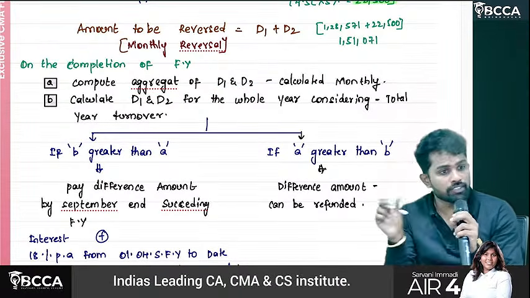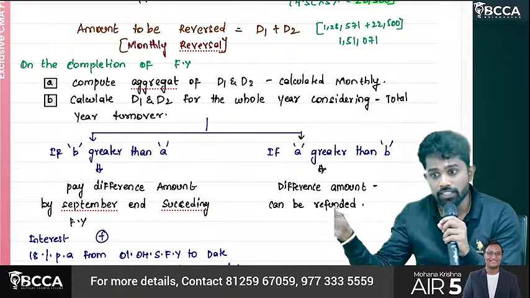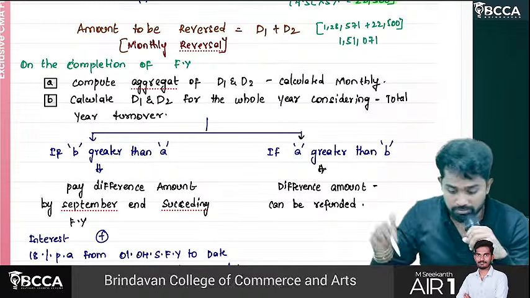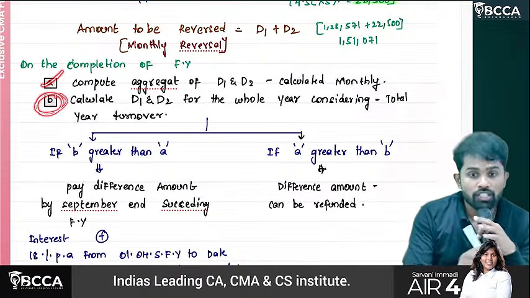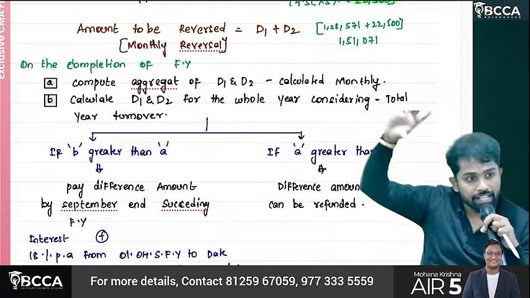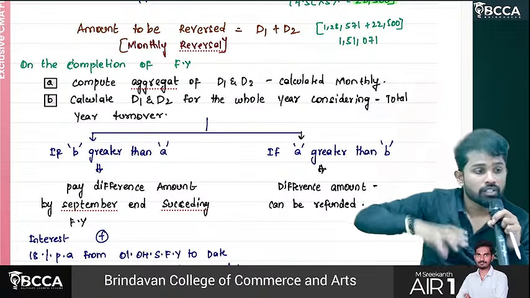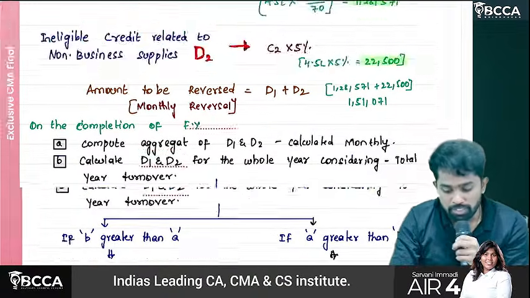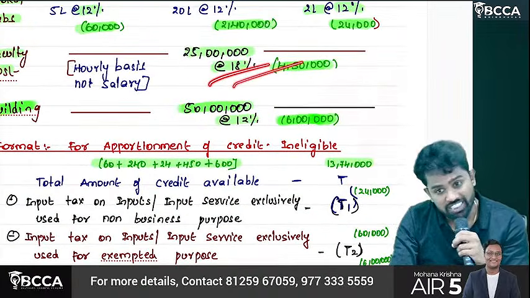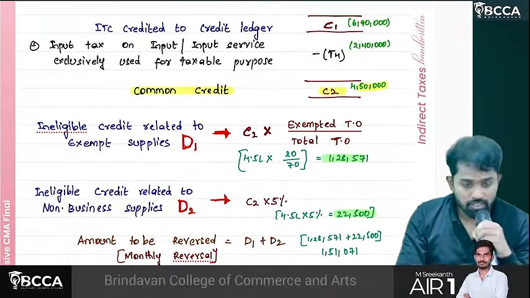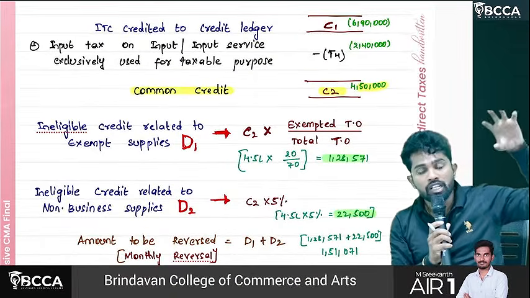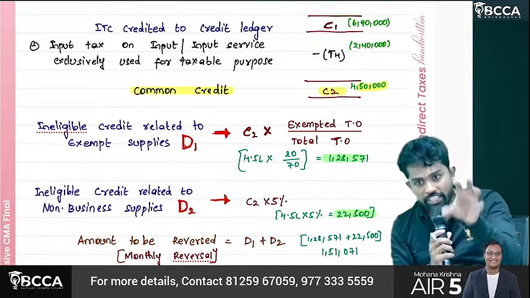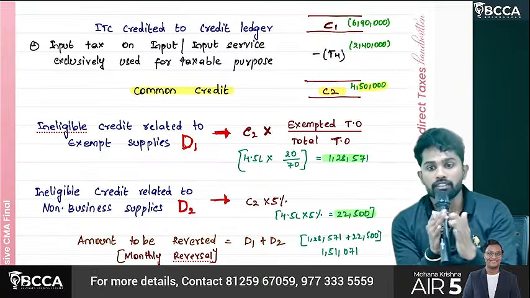Every month you calculated ineligible credit, so take the total for the year. The second is to take the yearly turnover, the yearly exempted turnover, and the year-wise ITC available, and do the same computation year-wise once again.